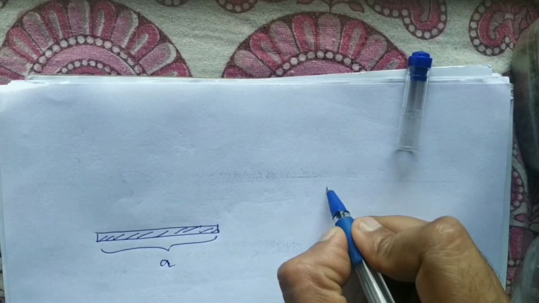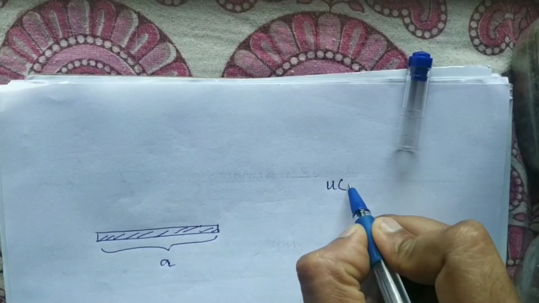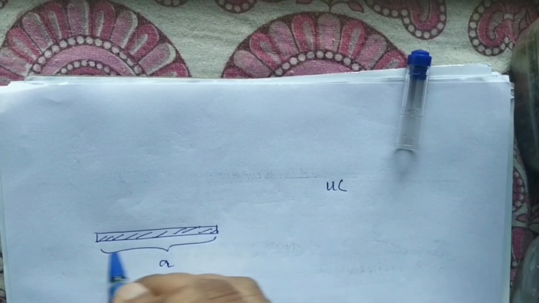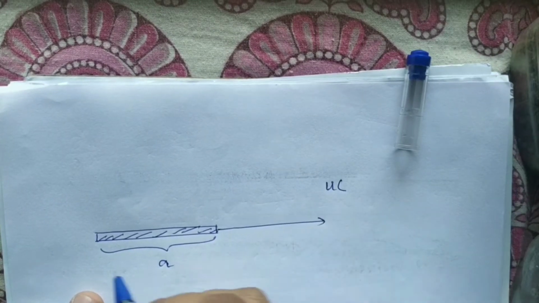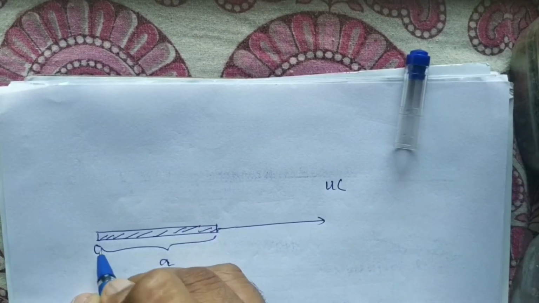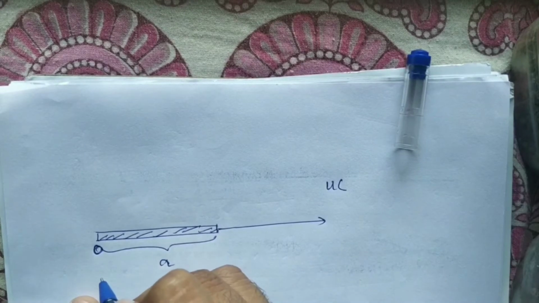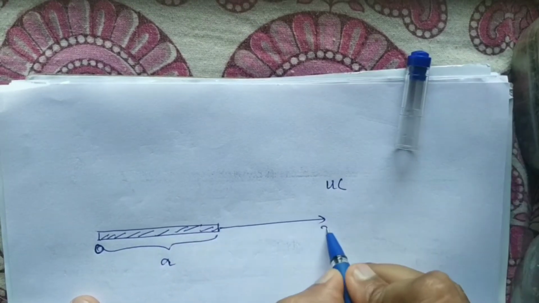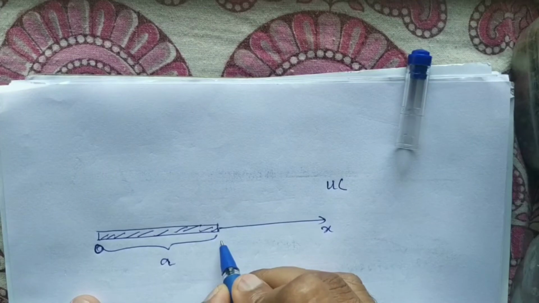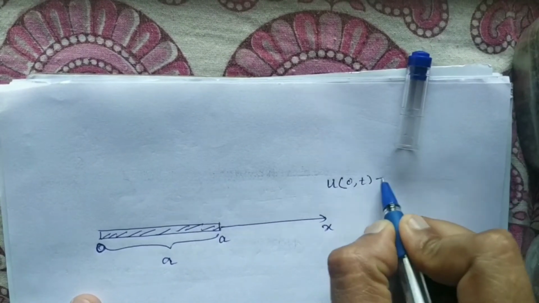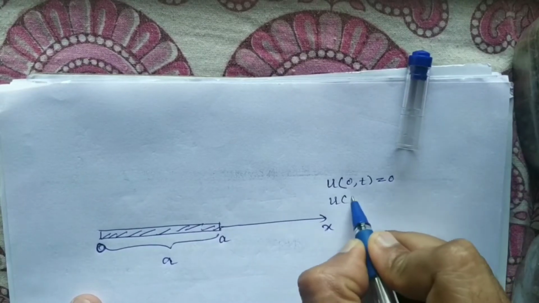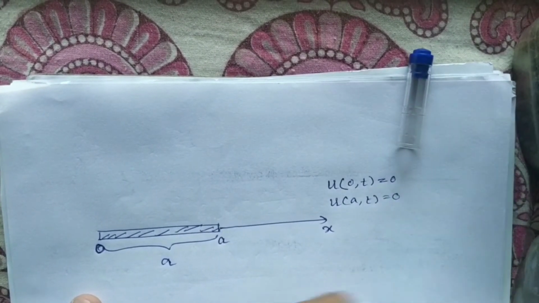So this means if you take the rod along the x-axis, with the first end at the origin, and the other end at a, then at x equal to 0 the temperature is equal to 0, and at x equal to a this is equal to 0 as well.